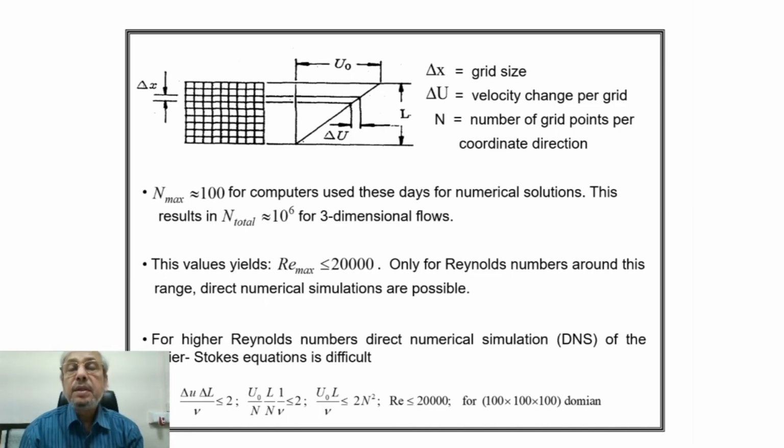You will need a very fine grid size, you will need a very highly accurate discretization scheme, and also in the time direction you must have huge data at every small time interval to finally draw a conclusion about the flow.